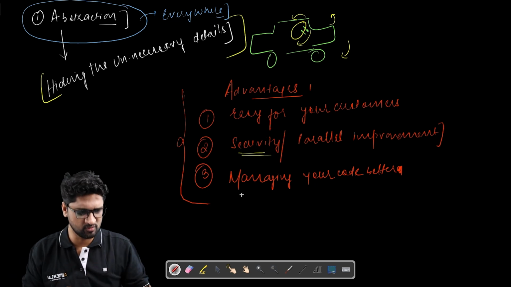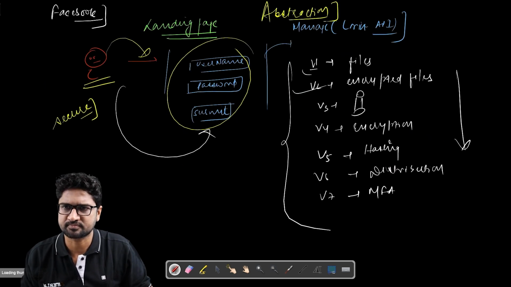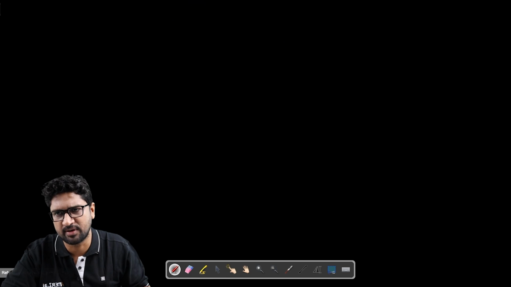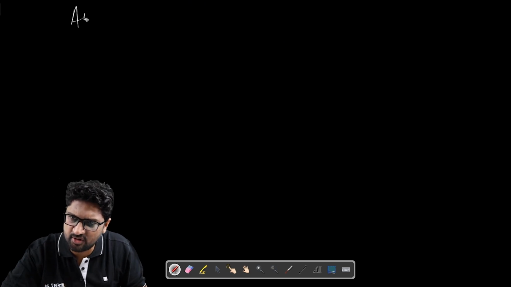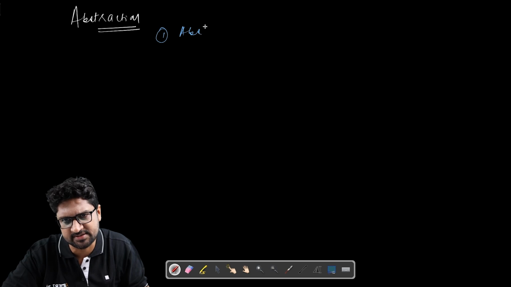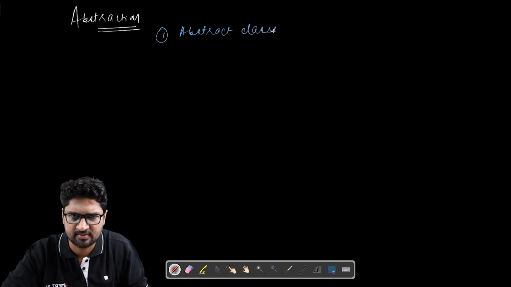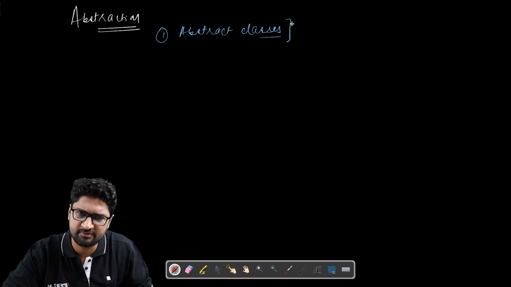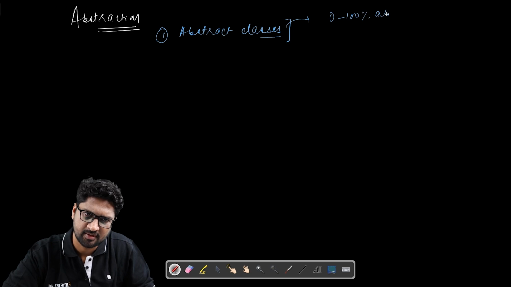Let's see how in the world of Java we do abstraction. Abstraction in Java is achieved with the help of two ways. One is with the help of something called abstract classes, and normally we say that abstract classes are between 0 to 100% abstract.